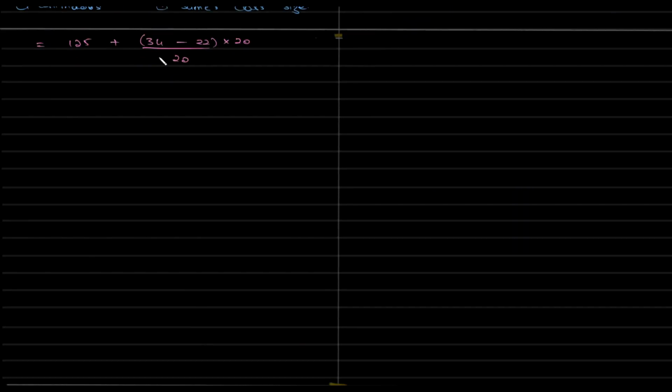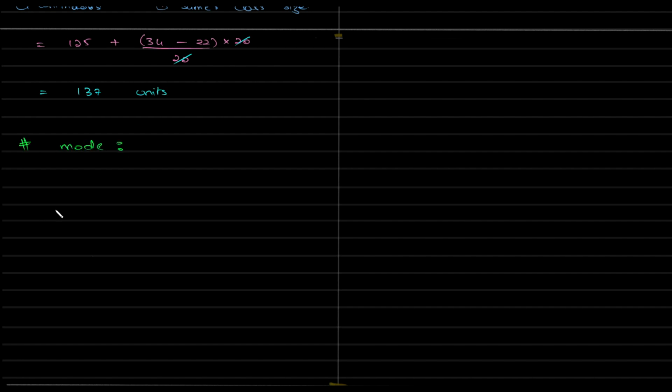So 20 cancels, and we have 125 plus the difference over here, which is 12. So we have 137 units. So we found our median.